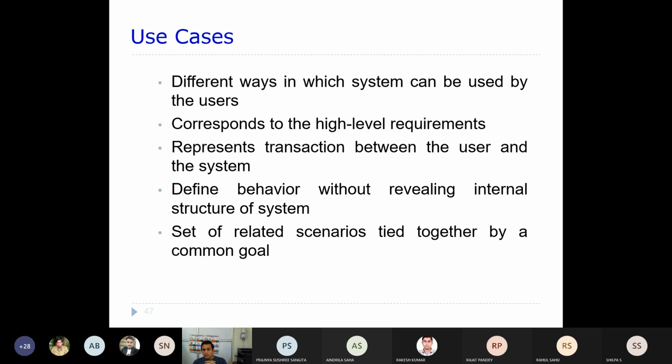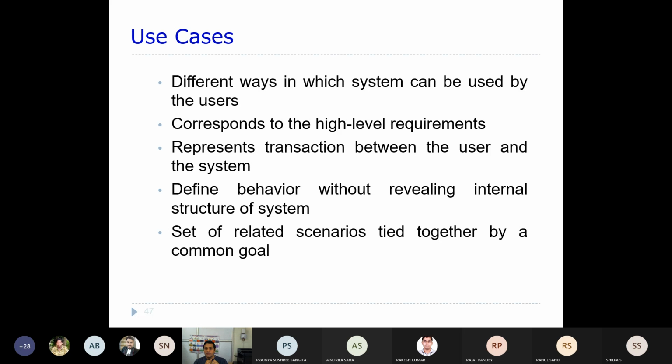Now with this cash withdrawal we have certain other scenarios tied. One scenario tied with this is like this. Let's say you have entered the pin, but if that pin is not a valid one, what will happen? Will you be able to withdraw money?